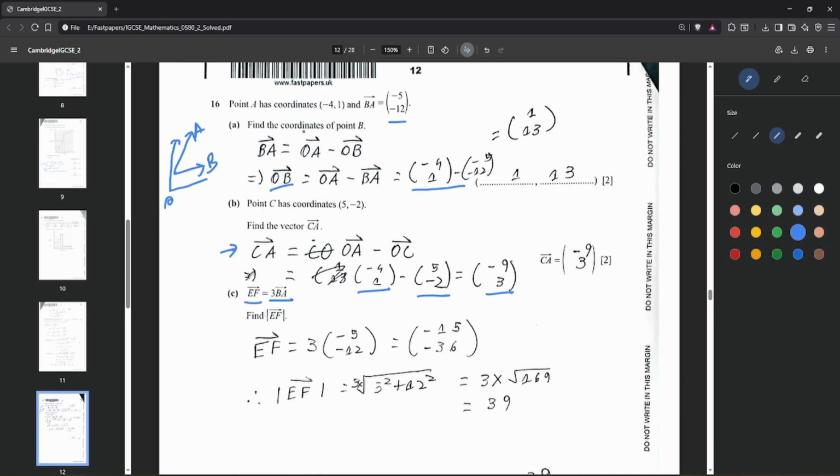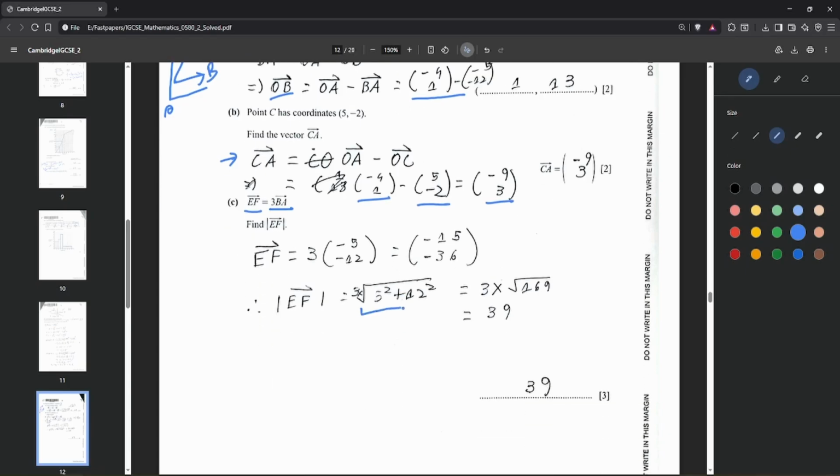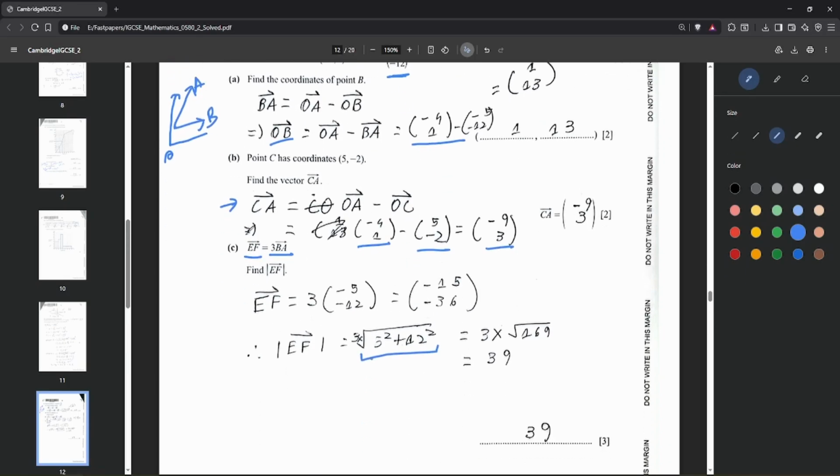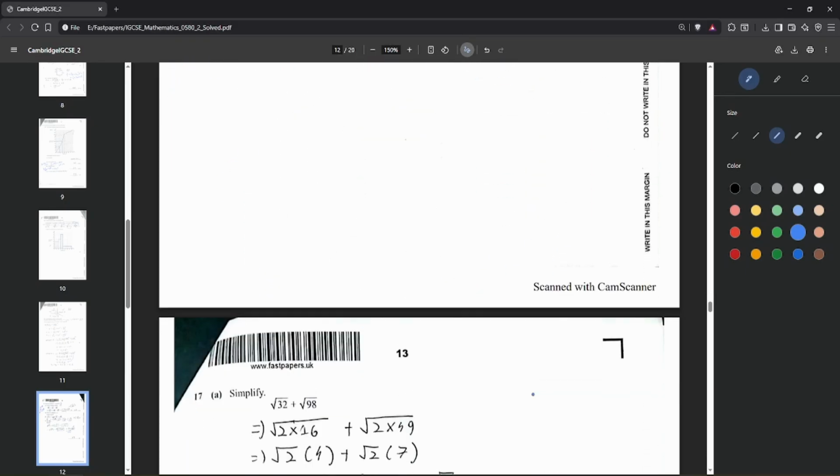We already have BA, so we have 5 squared plus 12 squared, which is 169 under the root, and then we multiply this by 3. So we get 39, because root 169 is 13, and 13 into 3 is 39.